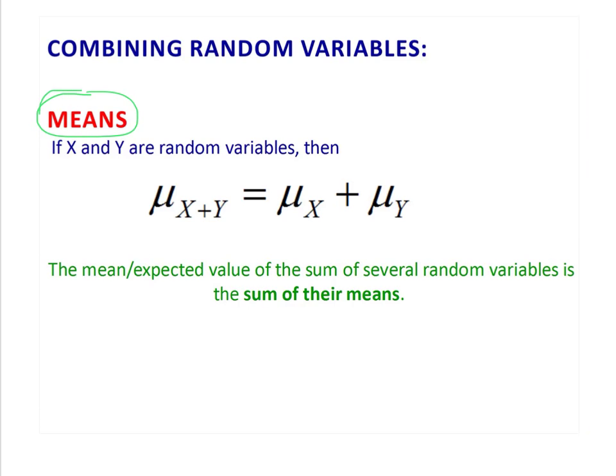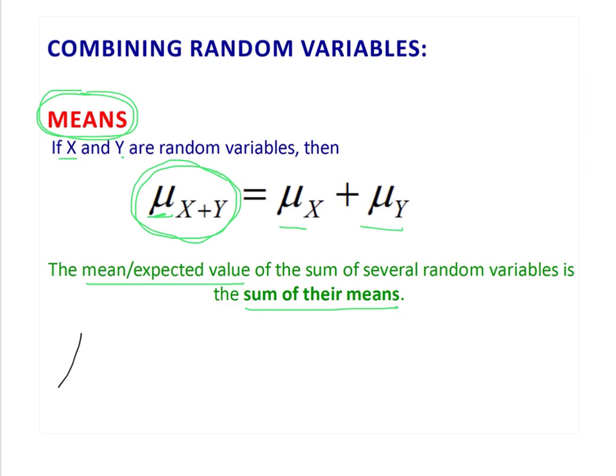So the means of discrete random variables, we notate as this mu, or as that U with a tail, or kind of a weird looking M. So if x and y are random variables, so we defined x and y to be some random variable, then the average of x plus y, or combining those random variables, is just adding the means together. So the mean or expected value of the sum of several random variables is the sum of their means.